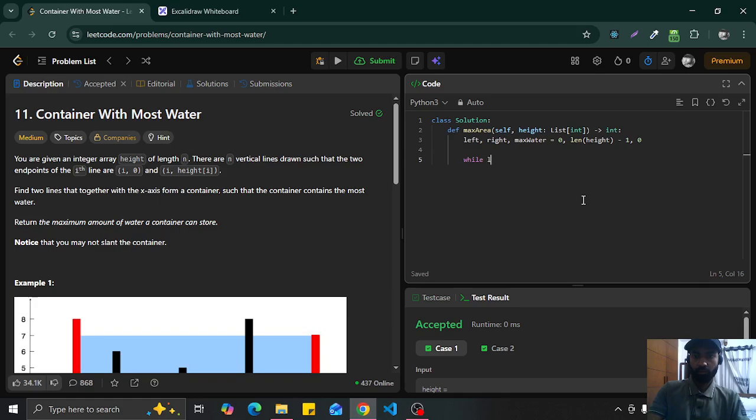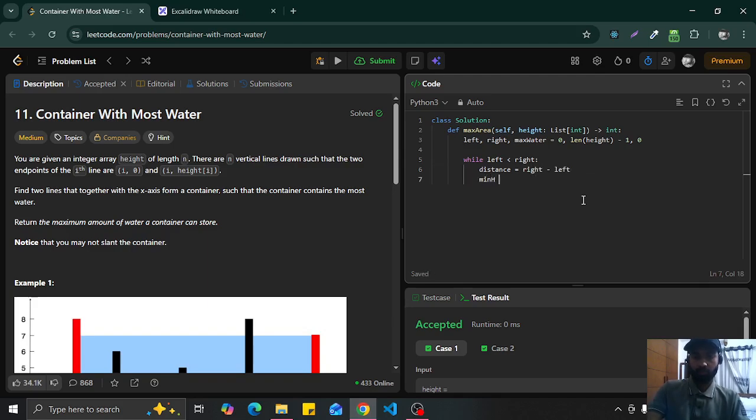So while left less than right, we are going to calculate, yeah, we're going to get the distance. So this distance is equal right minus left.